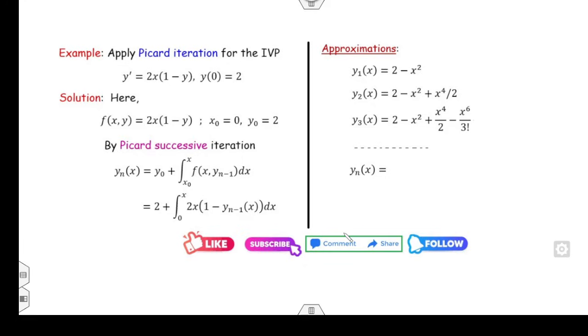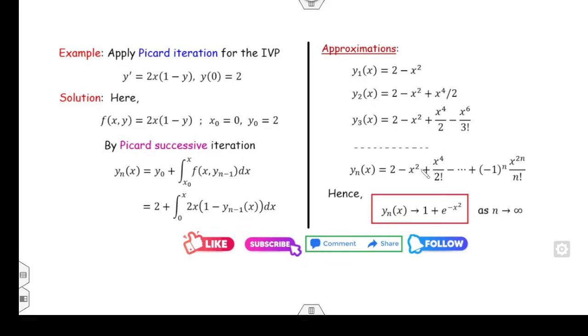And yes, it converges to the unique solution. Why does it converge? Because you can see the function is continuous. What is the partial derivative with respect to y? It is minus of 2x. And yes, at the point 0, the function is continuous as well. So yes, it will converge to the unique solution.